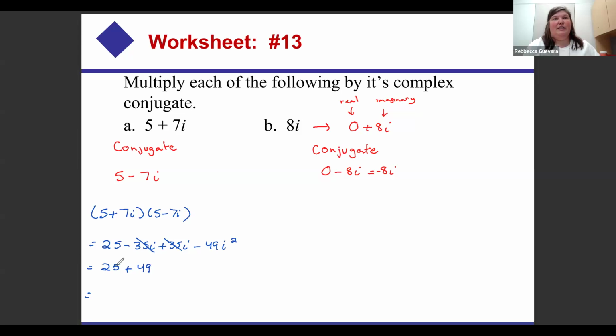So we see 74. Same thing here. We have 8i, and its conjugate is negative 8i. If we multiply those, we're going to end up with a negative 64i squared, which we know is just going to be positive 64 then.